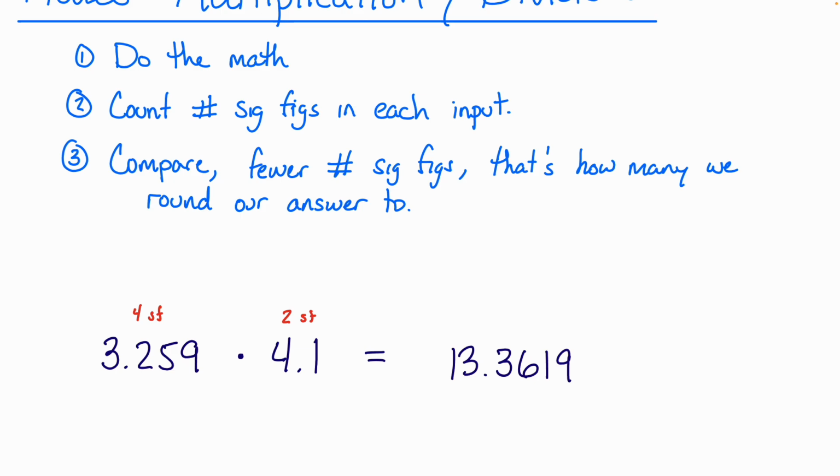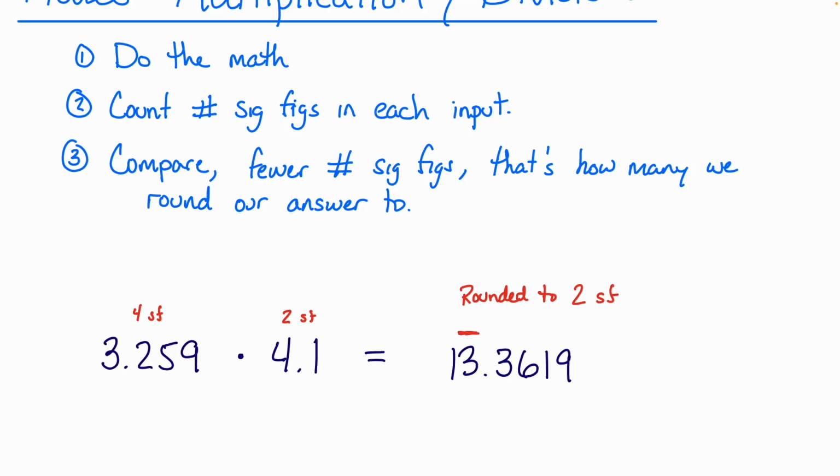Which one of those two numbers is fewer? 2. So that means this gets rounded to 2 sig figs.